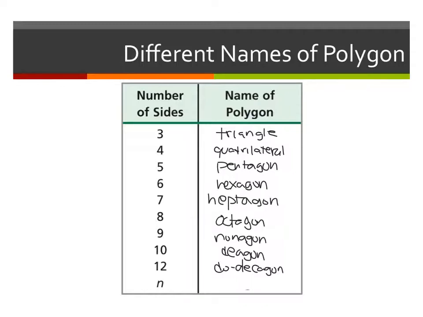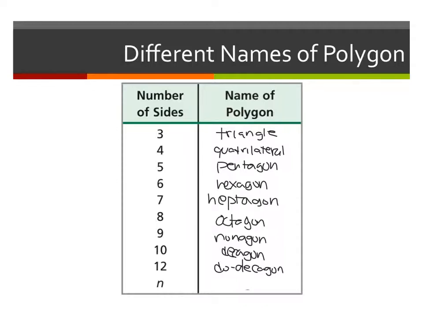Decagon. Sorry, decagon, and dodecagon is a polygon with 12 sides. You might be thinking, why did you skip 11? Because you don't really hear 11-sided polygon as much, but it is called hendecagon.